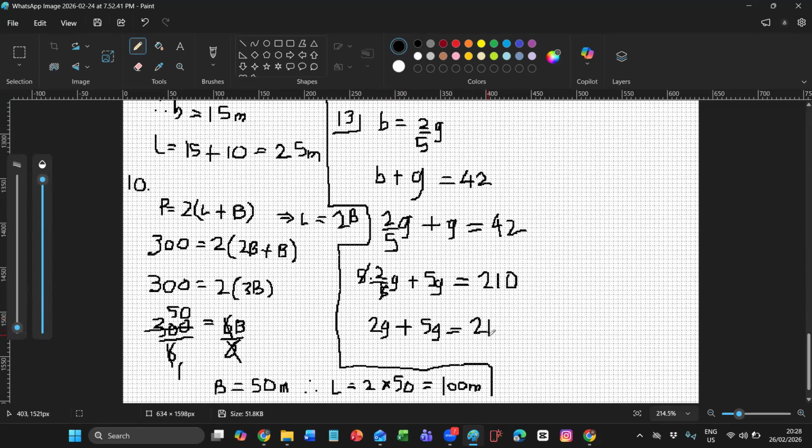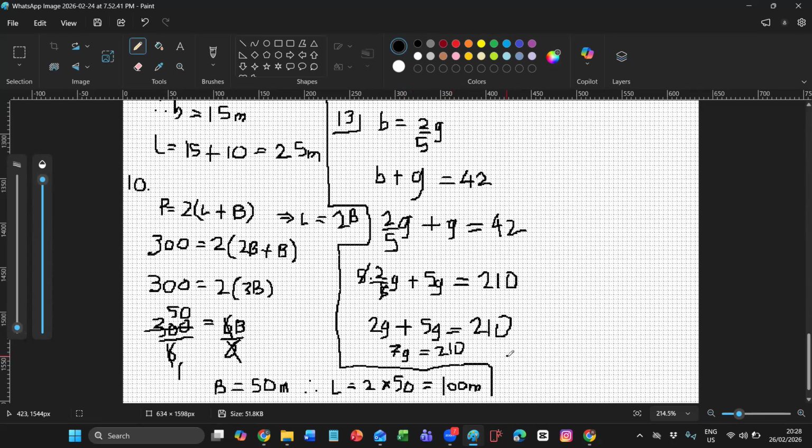All right, so that will leave me with this scenario. 7G equals 210. So we'll now divide both sides by what? 7, right? Yes, sir. Okay.